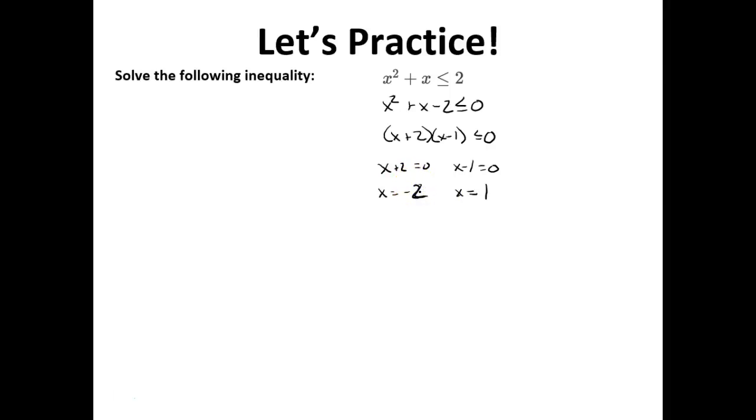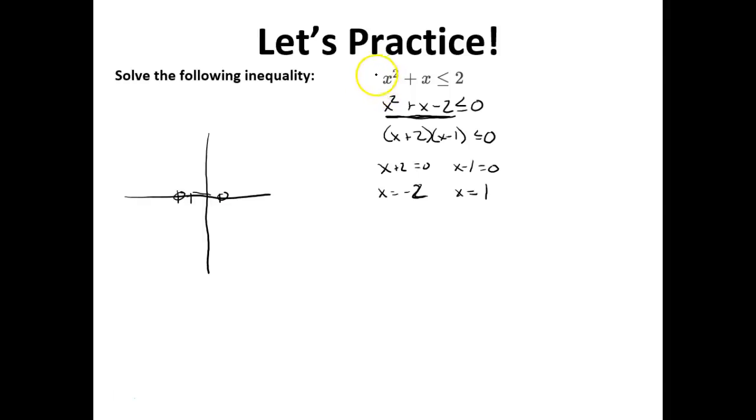So those 2 points are where this equation here is going to be equal to 0. So graphically, at negative 2 and at 1, this graph is 0.